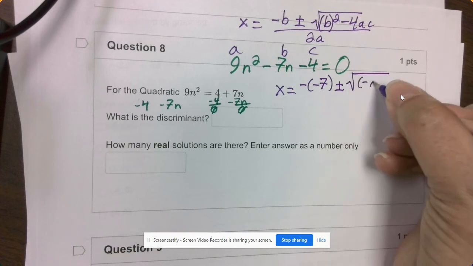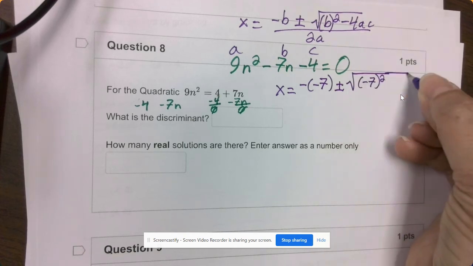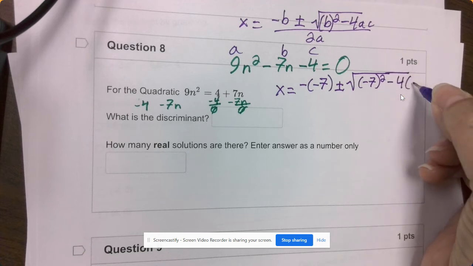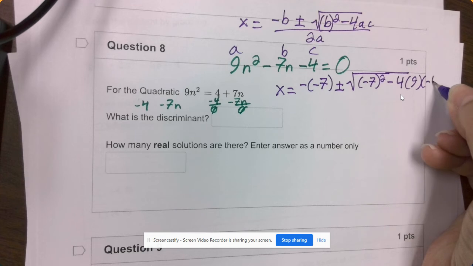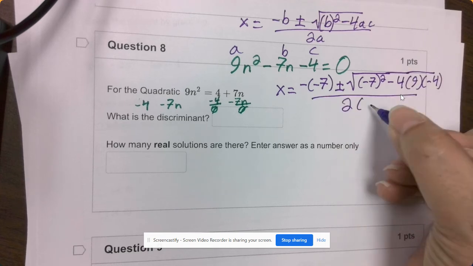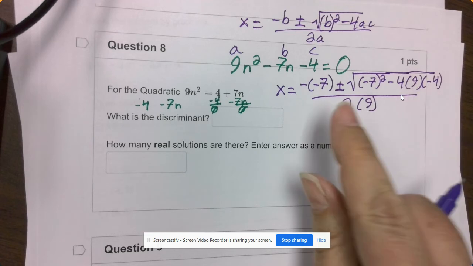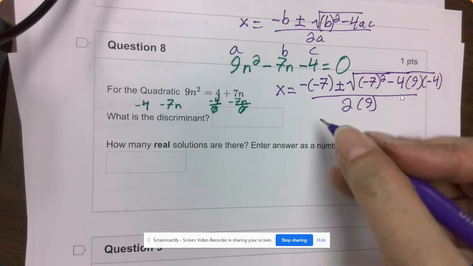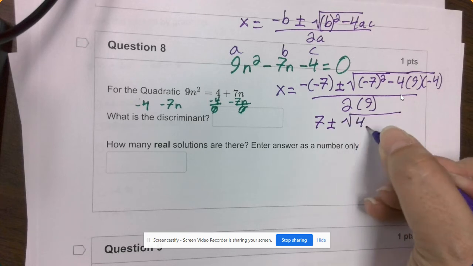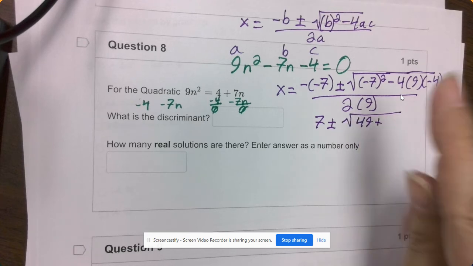Negative 7 times negative 7 is going to be 49. 4 times 9 times negative 4. Keep track of those signs, everybody. All over 2 times 9. Negative times negative, we just said would be positive. Plus or minus 49 plus negative times a negative is going to make it positive.